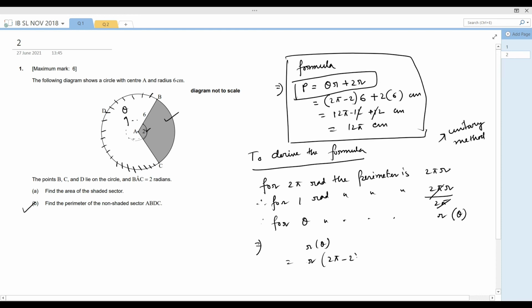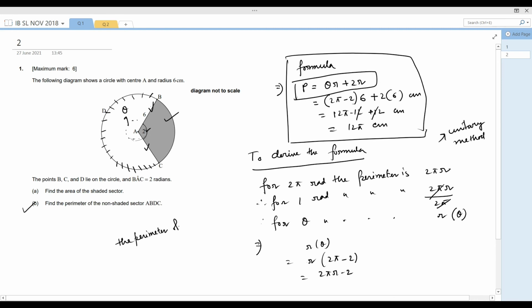Basically it is r times 2 pi minus 2. This is just the arc, but we also need to add these two radii, that is 6 plus 6, that is 12. So that is 2r.